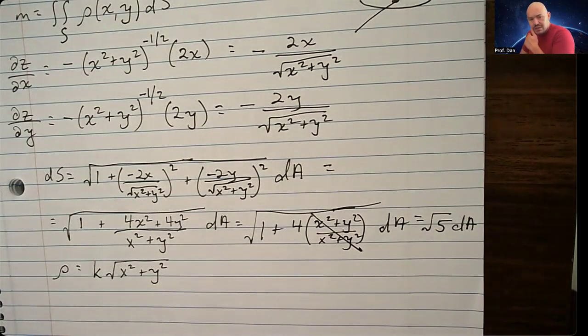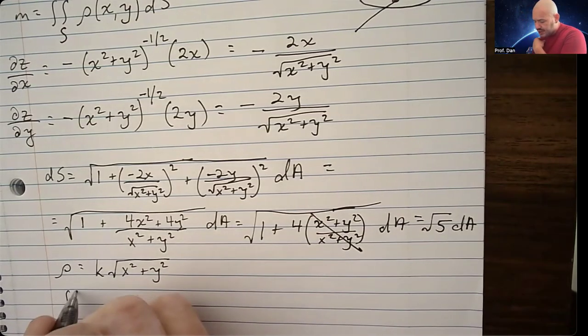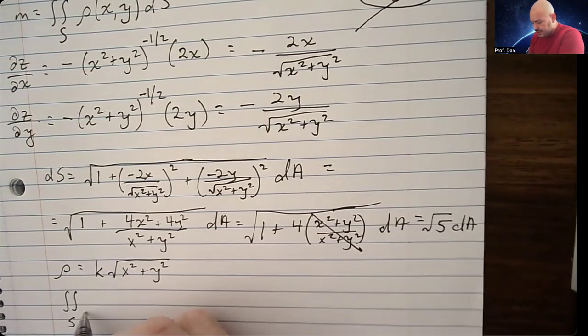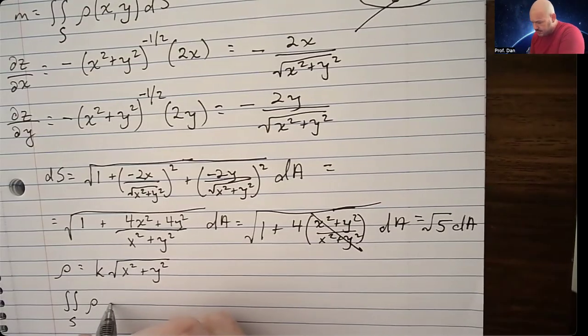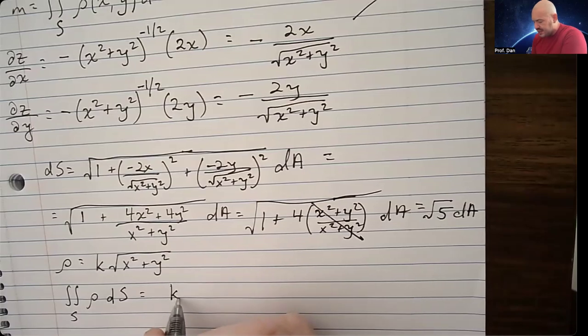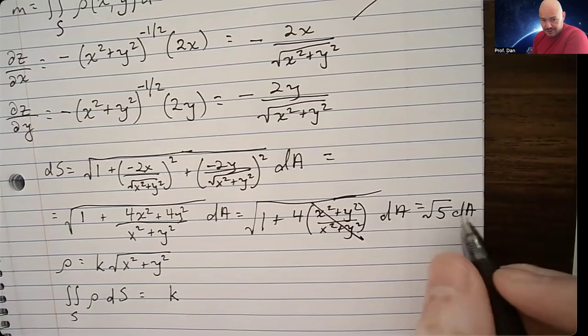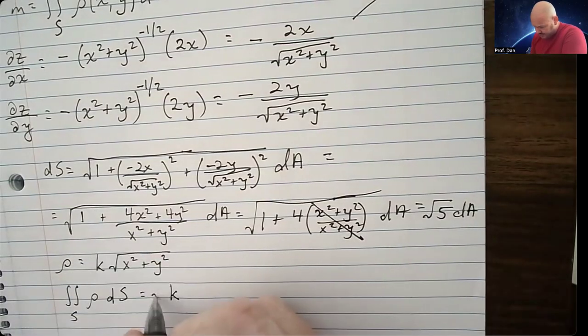Okay. So now that we know what our density is, and we've figured out how to rewrite our differential, we can look at rewriting the entire surface integral. So we know that this is going to be equal to, I'm going to take the constant k out. I'm going to take the square root of 5 from my rewrite of the dS out.